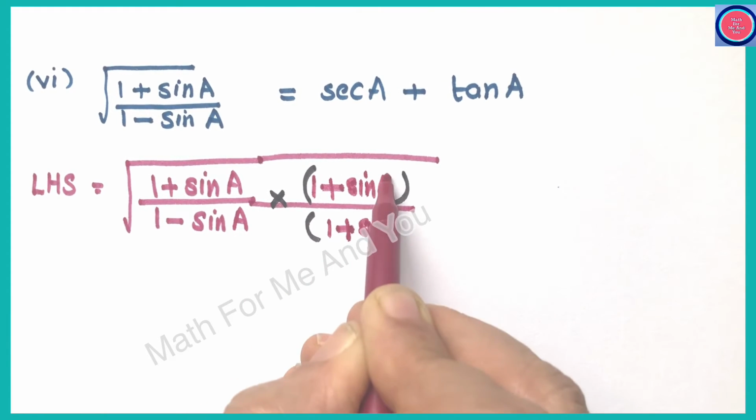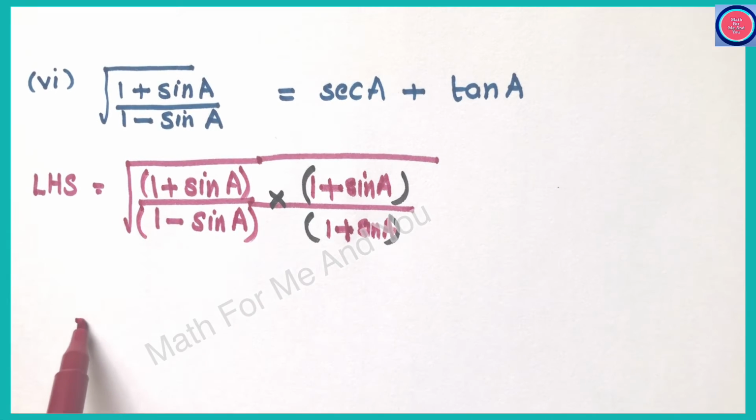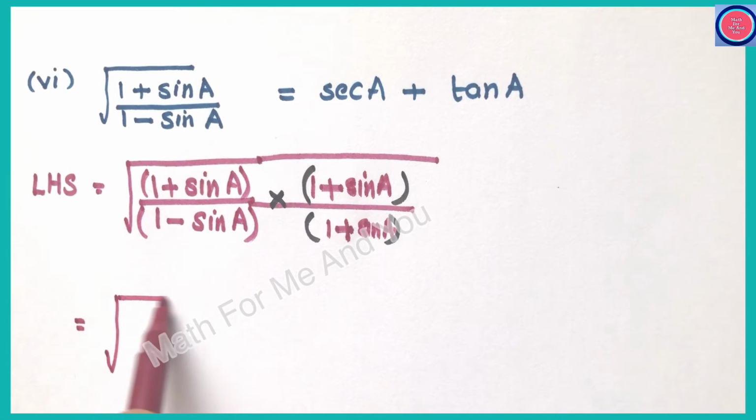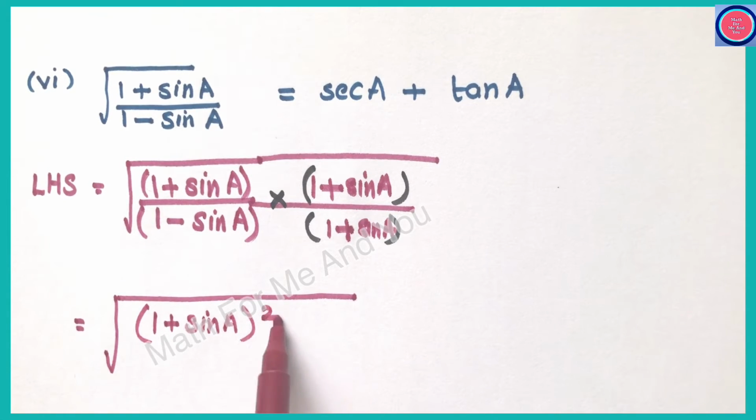And what we are getting now? 1 plus sin A times 1 plus sin A in the numerator, 1 minus sin A times 1 plus sin A in the denominator. So square root of numerator becomes 1 plus sin A times 1 plus sin A, which is 1 plus sin A the whole square.